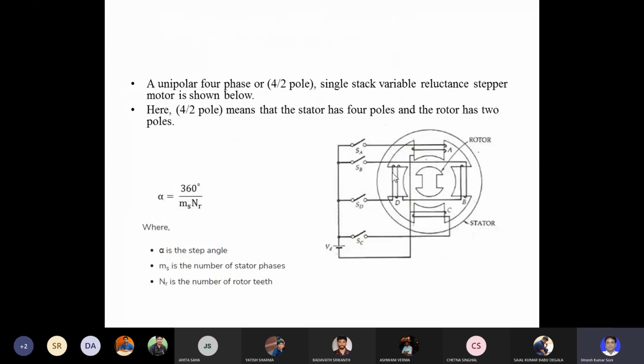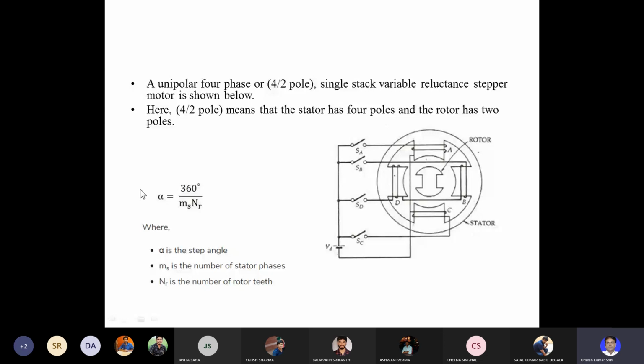So this is the 4 by 2 pole, 4 pole unipolar. Here you can see that unipolar means we can only provide the positive polarity to a coil. So unipolar 4 phase are there, and 4 poles on the stator, 2 poles on the rotor are there.